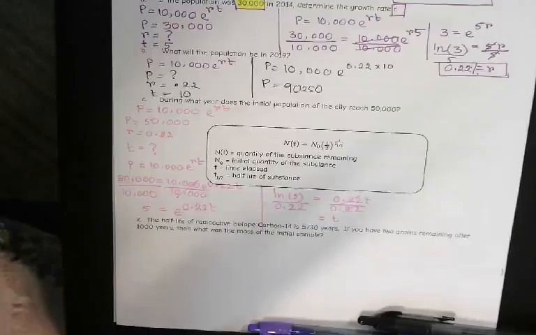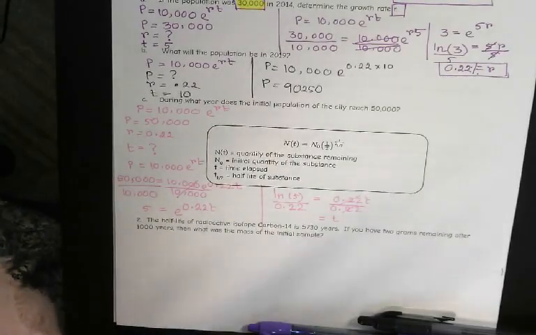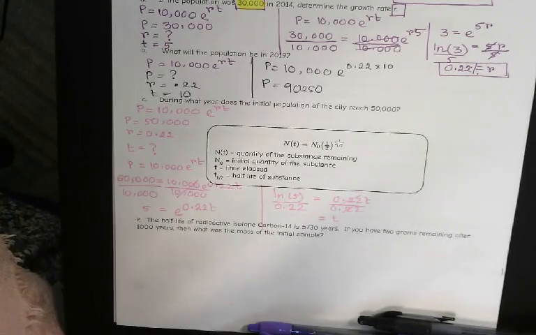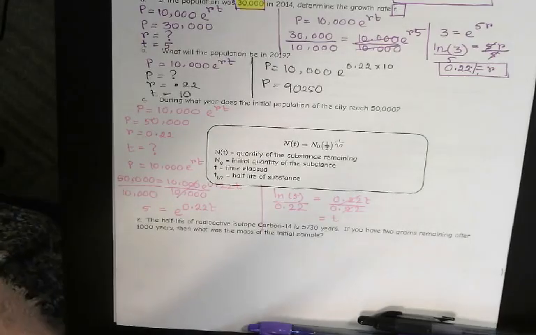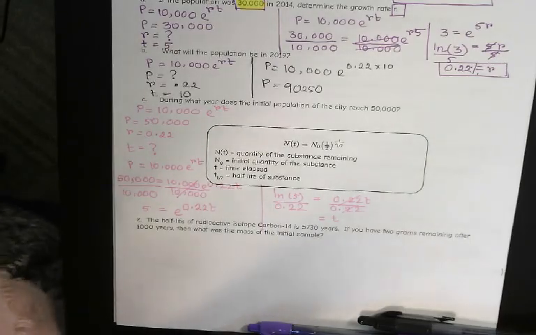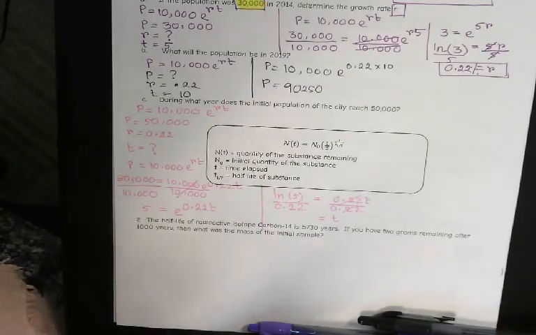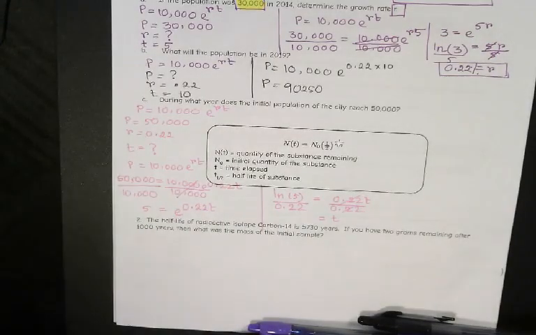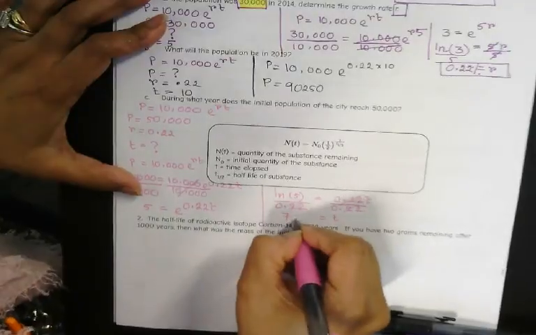I'm going to ask somebody for the value. Quick, give me. What's the value? 7 point... okay, so 7.3.